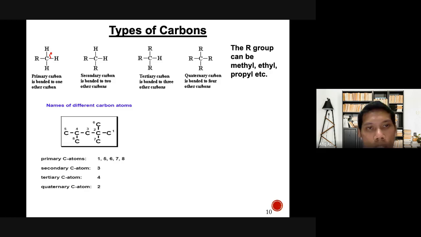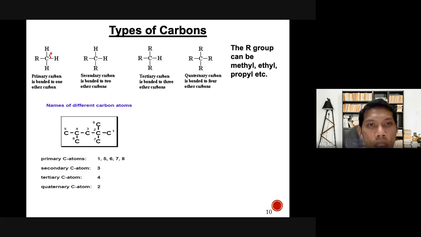The tiny circle. And then for secondary carbon over here, this carbon is bonded to two other carbons, or in this case R groups.